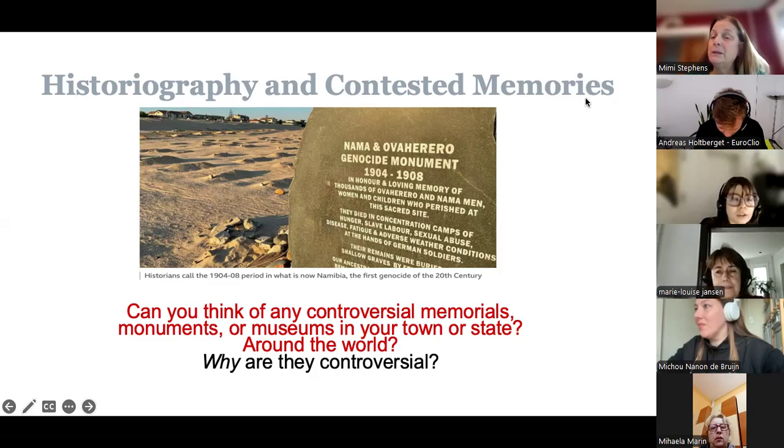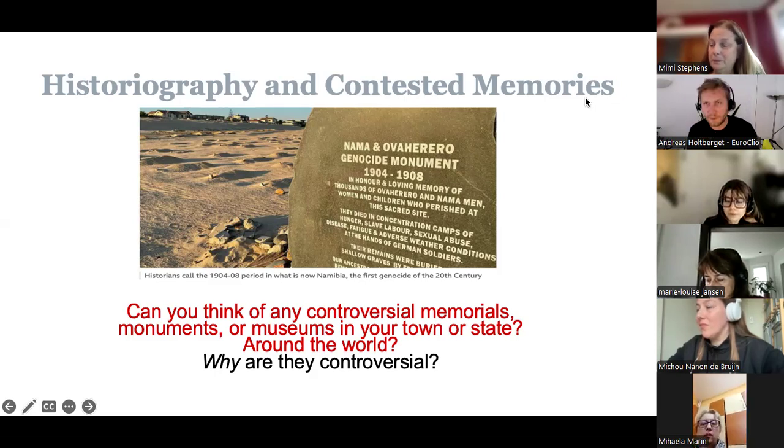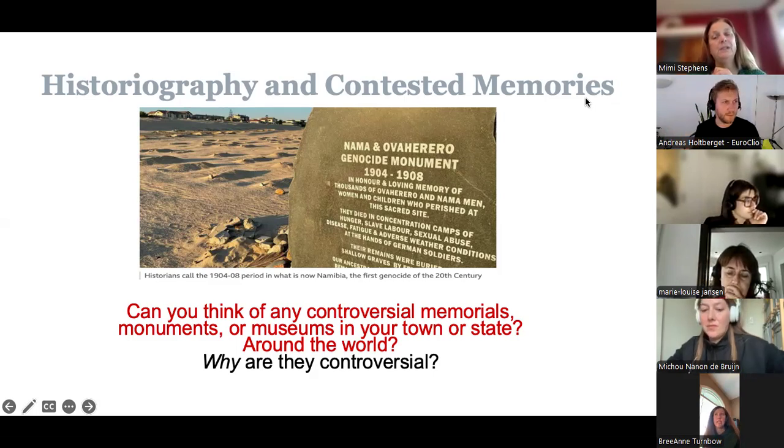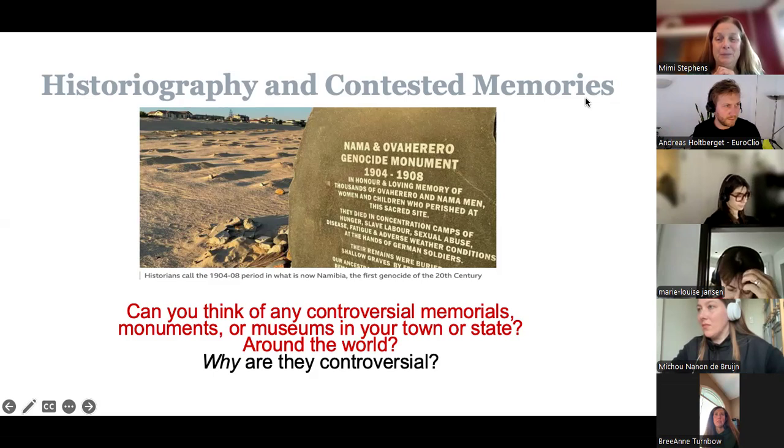But we have Topaz Mountain, which, for those of you who don't know, was essentially a concentration-type camp for Chinese Americans that they interned for a period of time. And that's probably an hour or two away from me. I never heard about it as a high schooler. I didn't hear it as a college student. I did not hear it until being a professional in the education system. And I thought that was crazy.